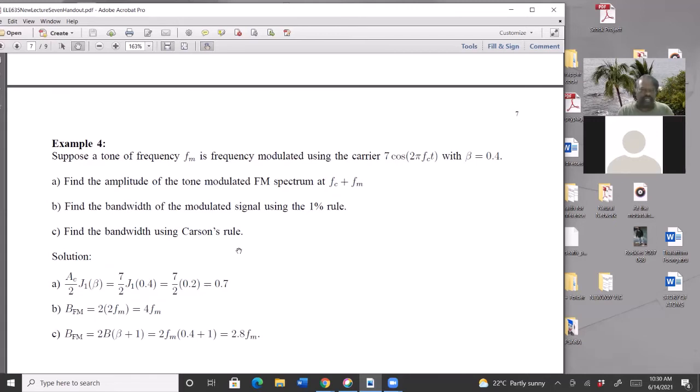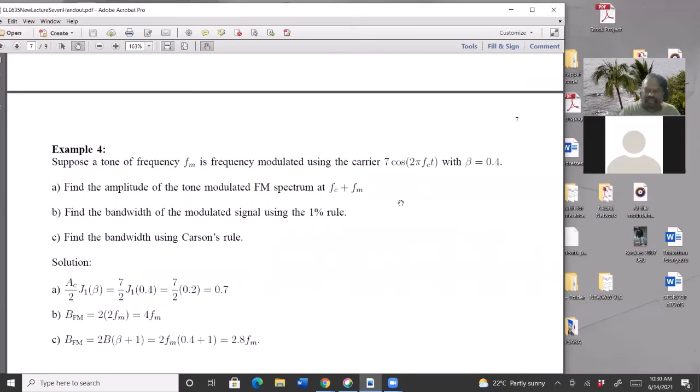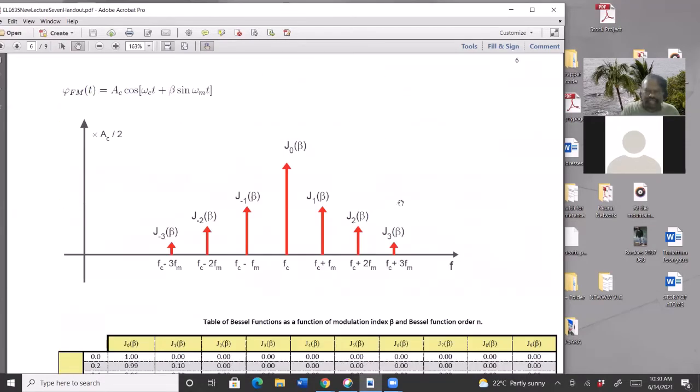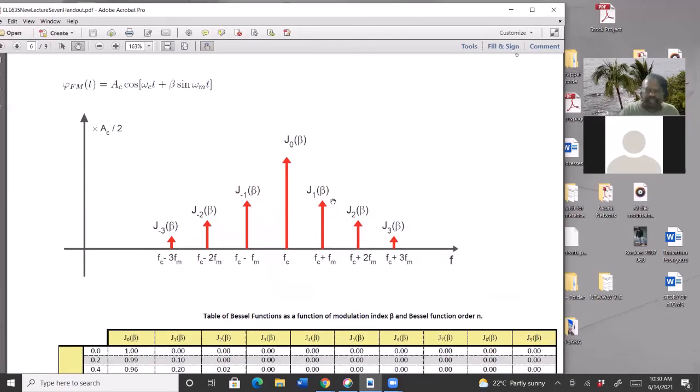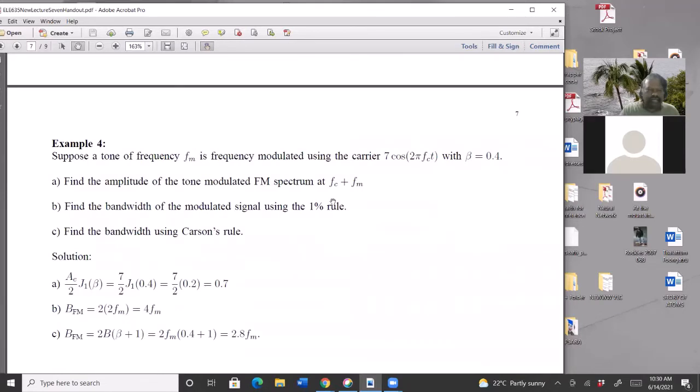Okay, all right. So for the first question, beta is given, A sub c is given, and we want the amplitude of the spectrum at Fc plus Fm. If you look at the diagram, at Fc plus Fm, the amplitude is A sub c over 2 times J1 of beta.